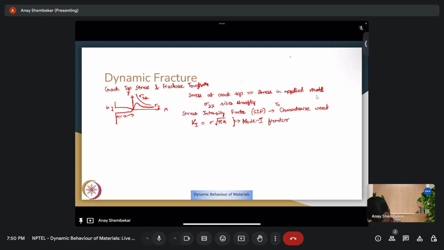And when K1 is greater than or equal to K1C, the critical value, equal to sigma critical root pi a, crack propagation occurs. And this K1C is basically a material property.